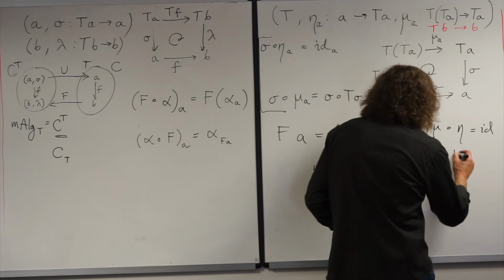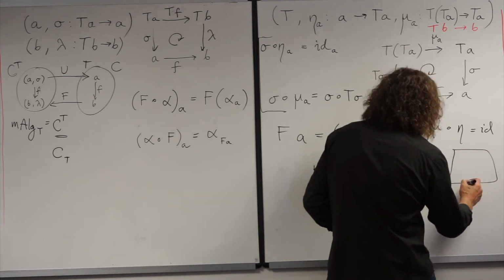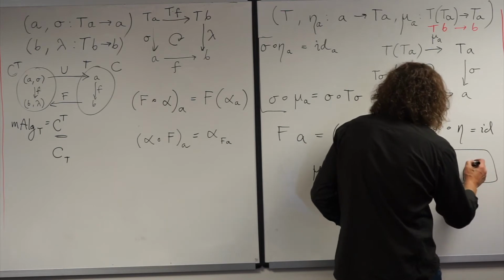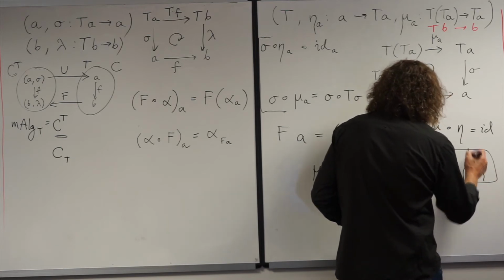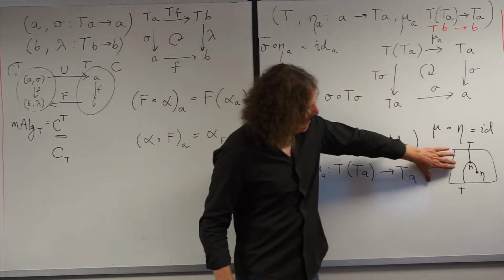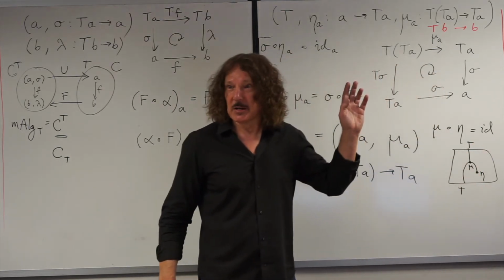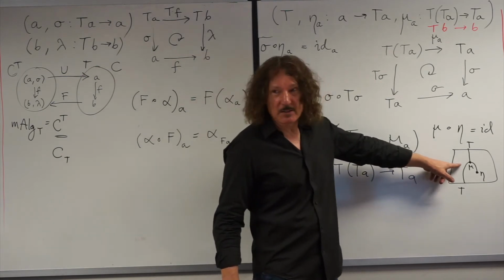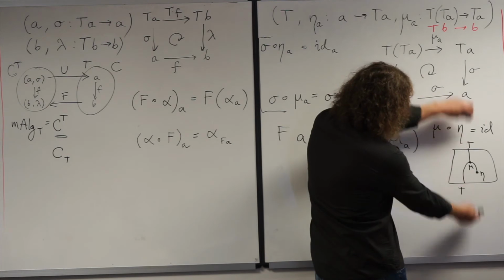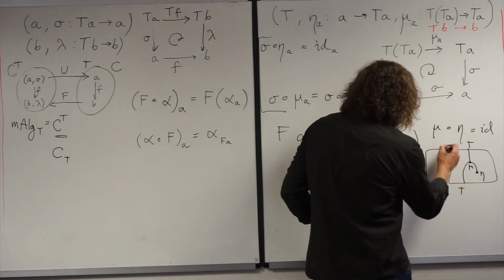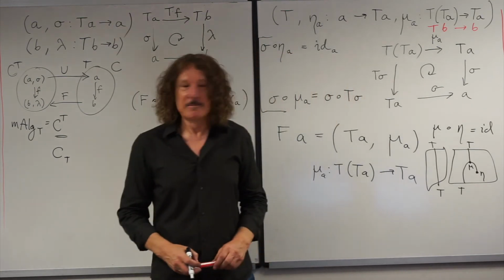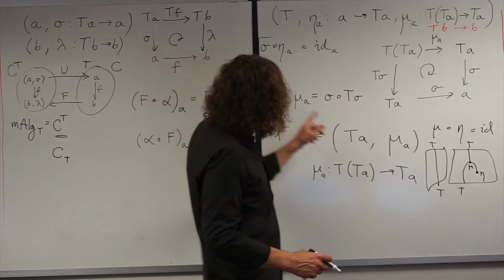That's this law that we drew like this. This is eta, this is mu, this is T, this is T. If you don't remember what a monad law is, remember this picture, that you can pull these things and it's equal to identity. So this one works.